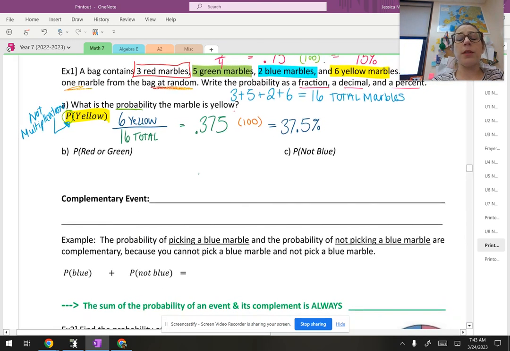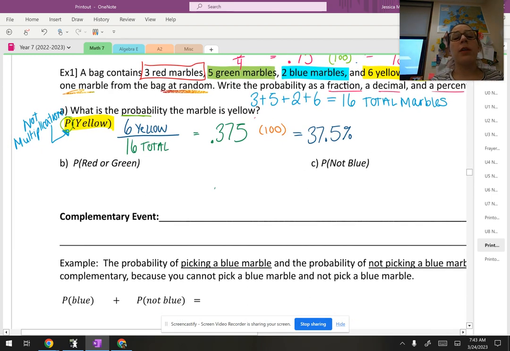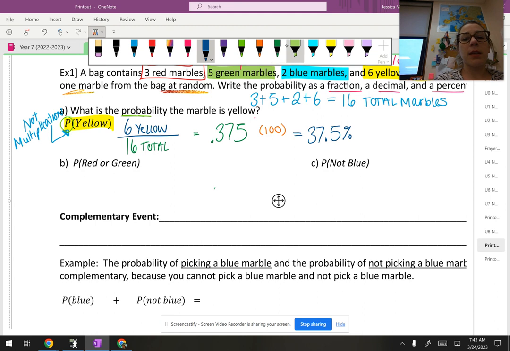That is the probability of you or Trey or whomever picks a yellow marble out of that bag. And now I'm just going to be really extra over explaining on this, and bear with me. Now I just want to clarify that this 6 over 16 doesn't mean I'm picking 6 marbles. I'm still only picking 1 marble. I just have a 6 out of 16 chance of that marble being yellow. So just clarifying that. Thanks.